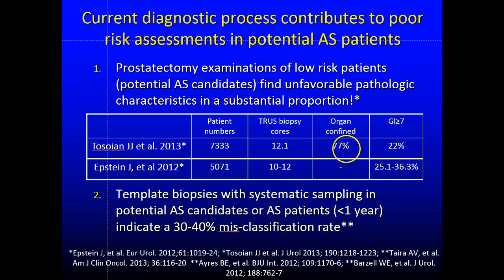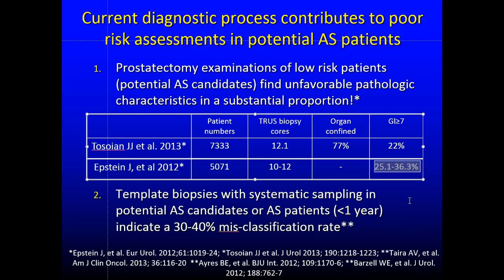If you look at the organ confinement rates for these patients, out of these 7,000 patients, about 80% were organ confined. In other words, 20% weren't. And the prevalence of higher risk disease, intermediate and high risk disease, is about 20 to 30%.